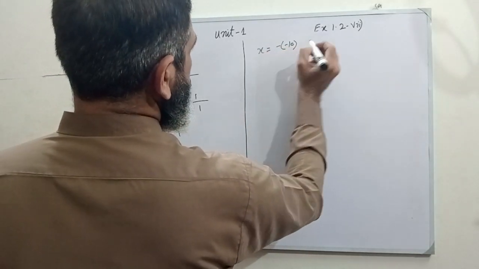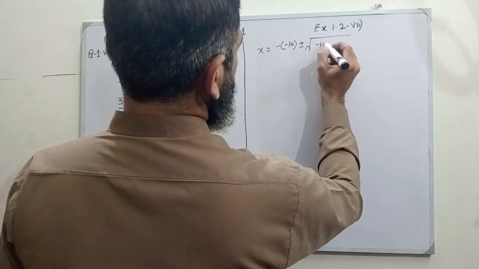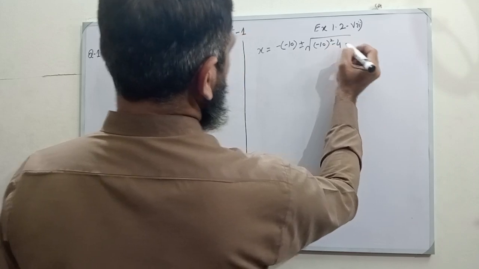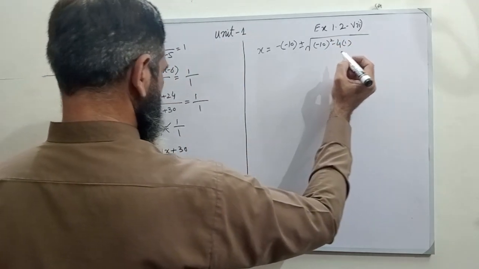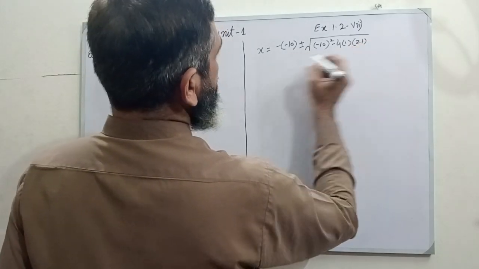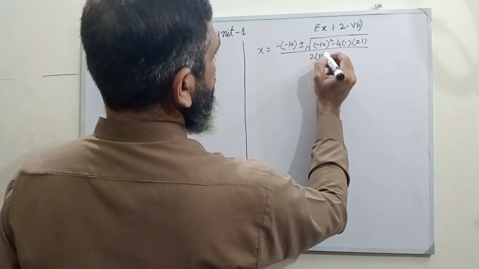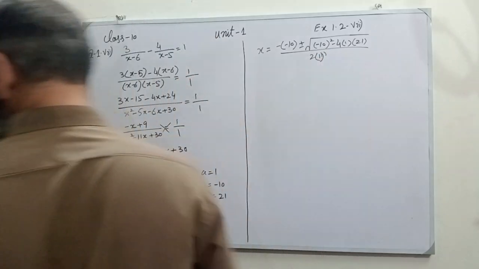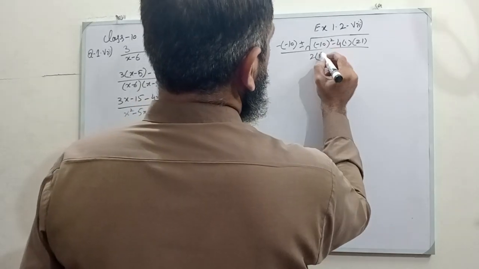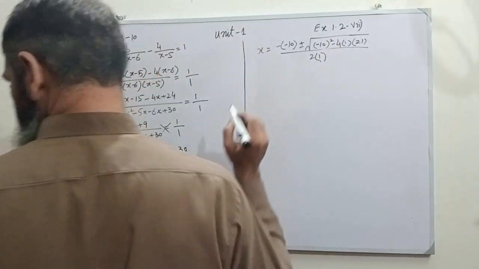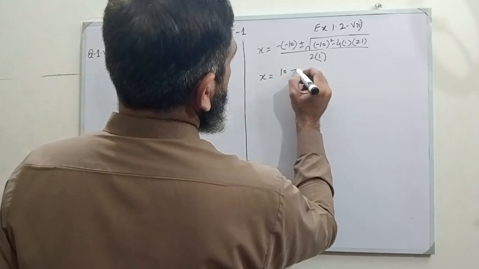The value of b is 10, so x is equal to 10 plus minus under root minus 10 square minus 4 into a is 1 and c is 21, divided by 2 into a is equal to 1. Here the value of a is 1.